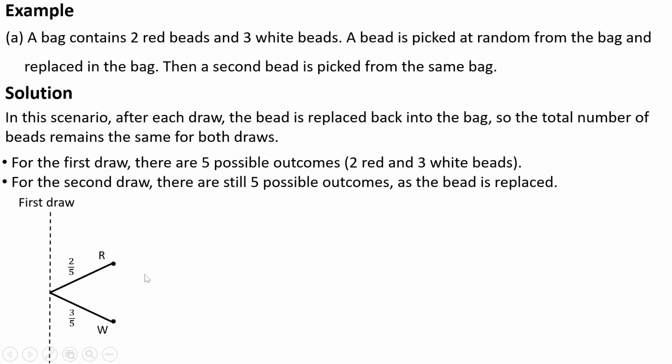Now, there is the second pick of the bead, all right? So here we'll write 2 branches here and also here 2 branches. For the second pick, if the first pick was red, then again, at the red branch here, since the bead was replaced, in the first instance the bead was replaced, then you pick for the second time.